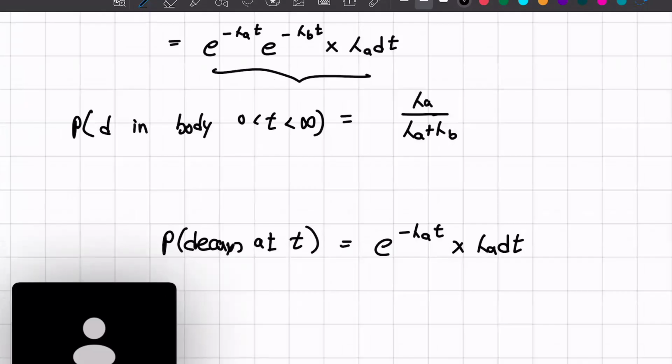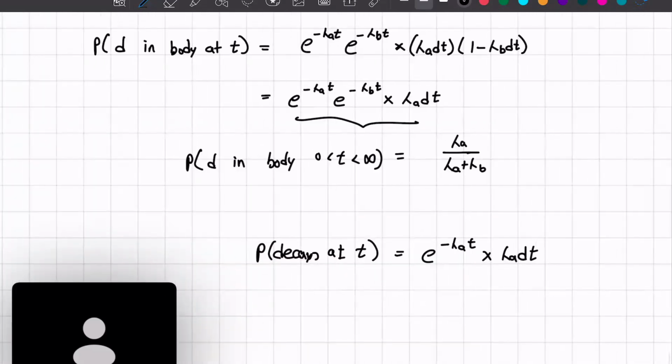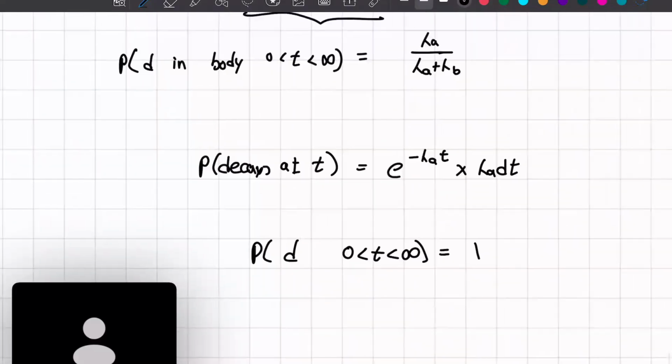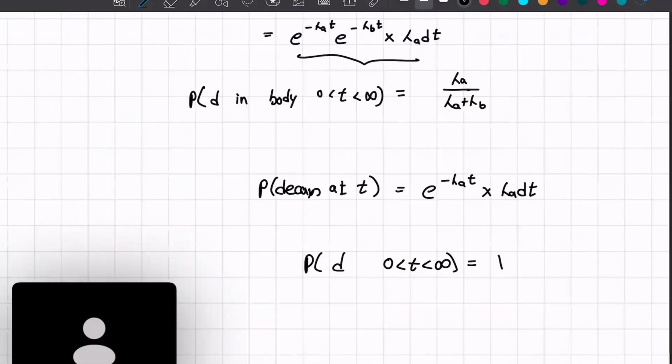We are just curious whether it decays at all. Similarly, the probability of decay from 0 to infinity would be equal to 1, which makes sense. If you have a radioactive nuclide and your time frame is 0 to infinity, it would have decayed somewhere between 0 and infinity. So your probability is 1.